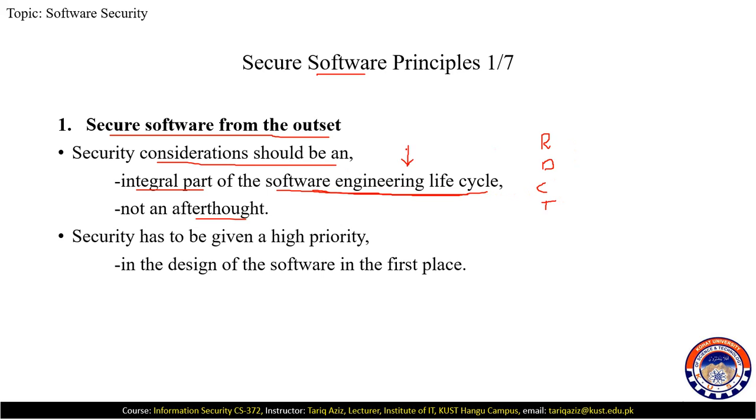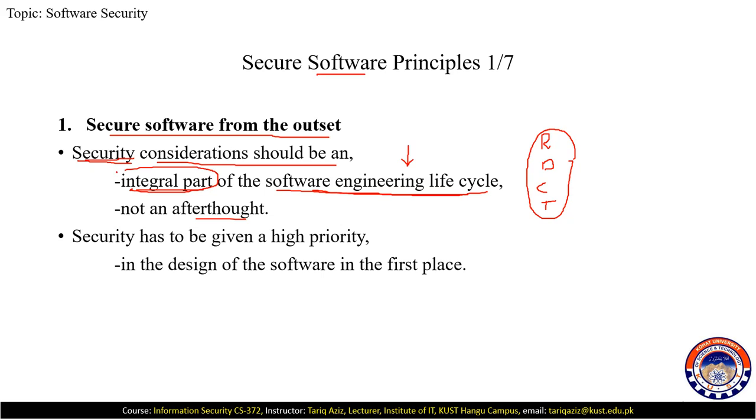Now, dear students, this point says that you have to keep security in mind while you are designing your software from the scratch, from top to bottom. Or we can say that throughout this life cycle, security should be an integral part.